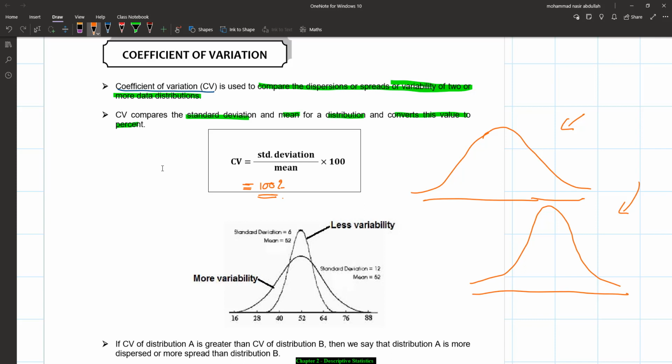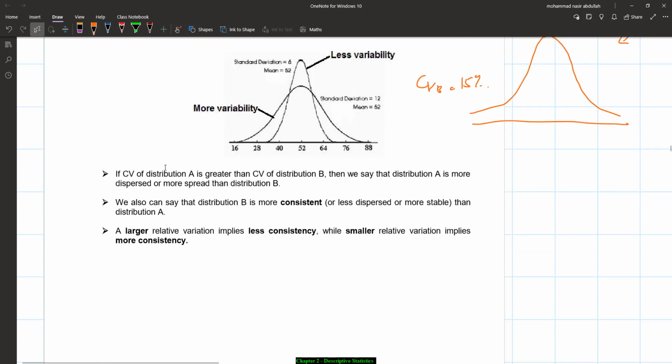So if we compare these two, CV A should be larger, let's say 50%, and CV B should be 15% for example. It must be small because it is more consistent. The larger the CV, the more spread the distribution.